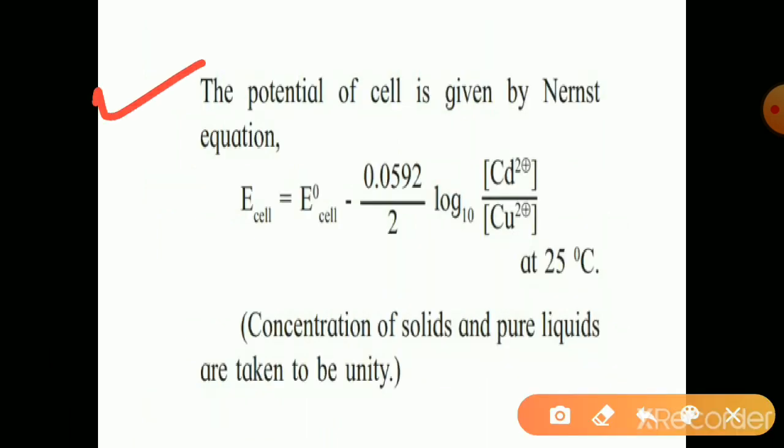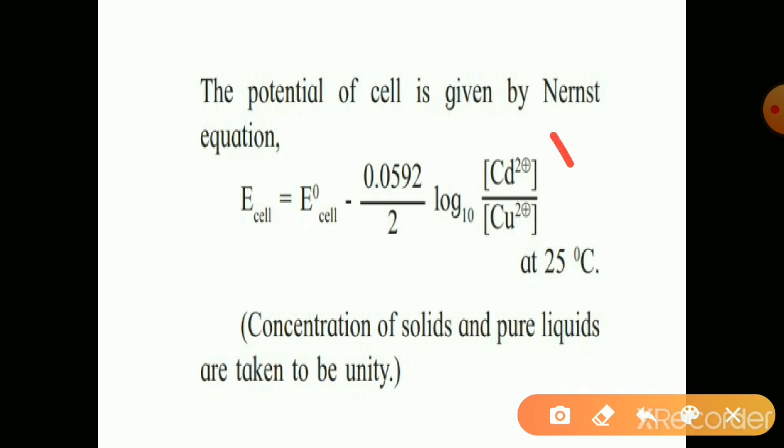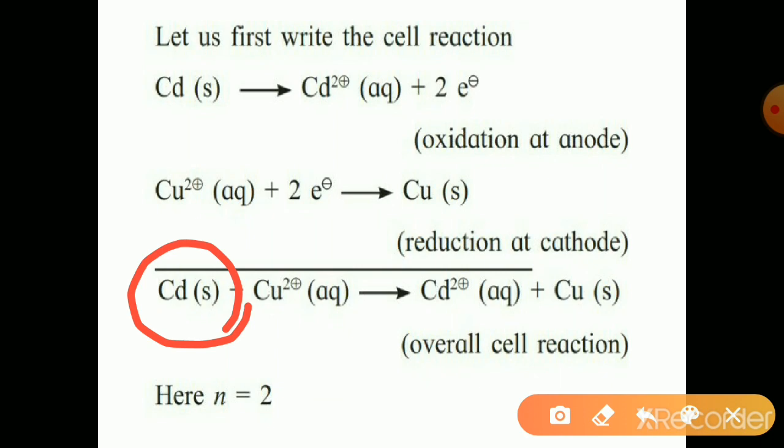The potential of the cell is given by the Nernst equation. We know this is the Nernst equation. Now we need the concentration of cadmium ions divided by the concentration of copper ions. The rest of the terms are excluded, because solids and pure liquids do not appear in the reaction quotient expression.